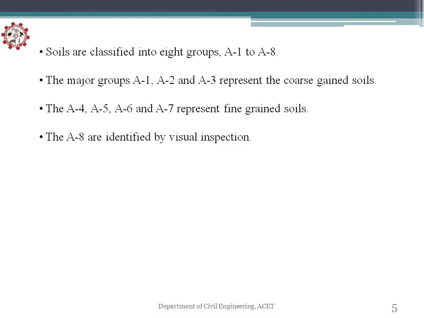When they are coarse grained soils, they are mostly non-cohesive soils, and if these soils are there, the construction is easy for the pavement. But if A4 to A7 are present, then they are fine grained soils. Those soils may be cohesive and bad for construction.